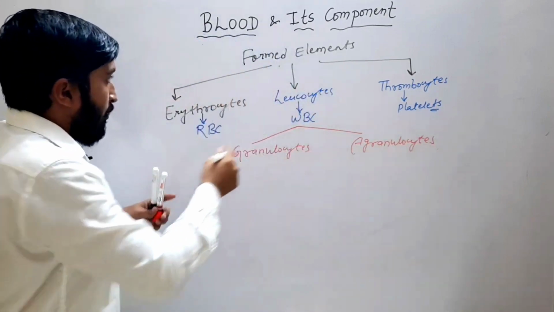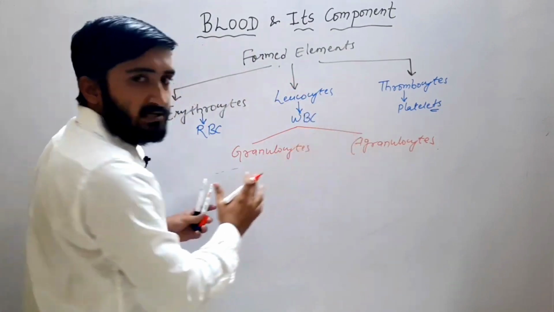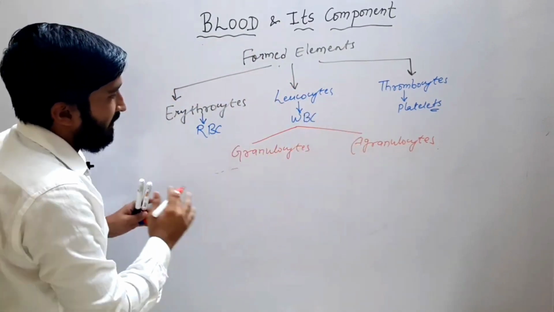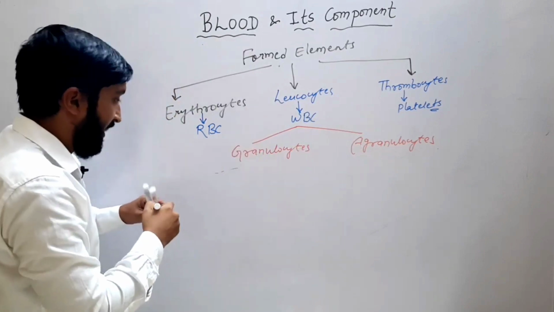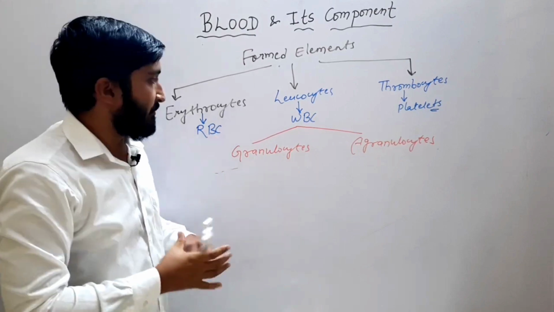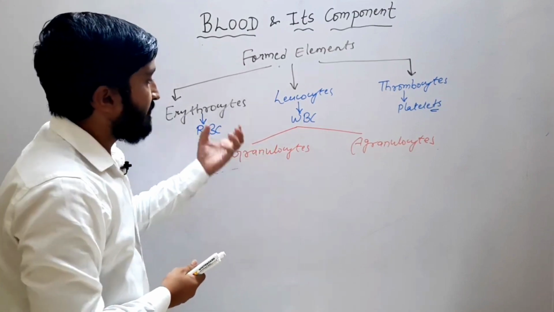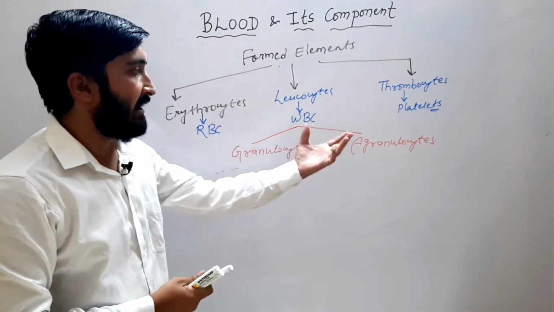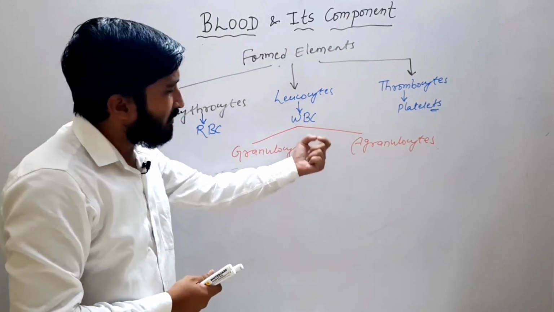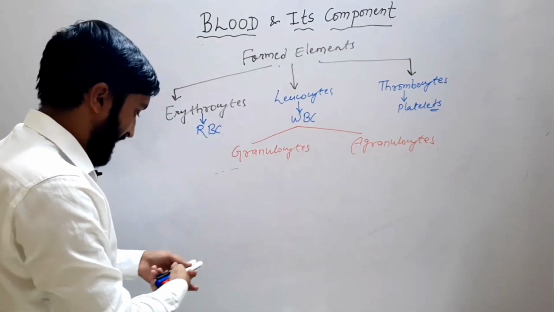So what are granulocytes? Why are these named so? Because in the cytoplasm granules are present in more abundant quantity, so these are commonly stained by the Leishman stain, and in agranulocytes these granules are very few, so these are not commonly stained by the Leishman stain.